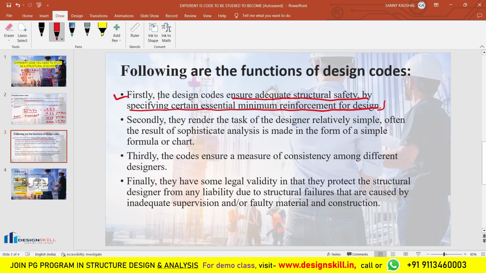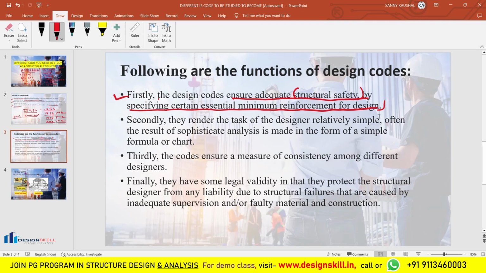Any code you are following, either an IS code, an ACI code or any other country's code, gives the first and most important priority to structural safety.